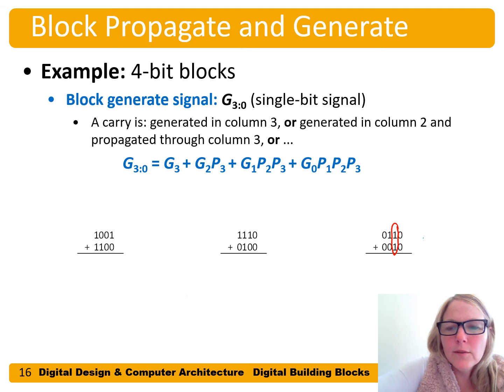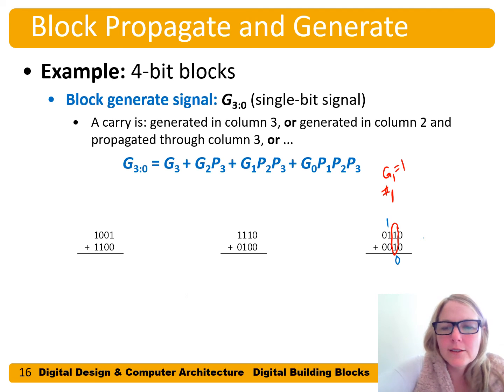In this case, we have column 1 generating a carry. So we have column 1 has G sub 1 is equal to 1. Great. And it propagates through the next column. So 1 plus 1, 0. We don't actually need to do that addition because we already are doing it in terms of propagate and generate, but just to show the analog.